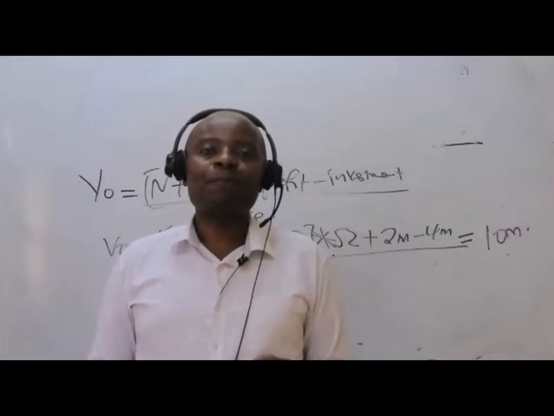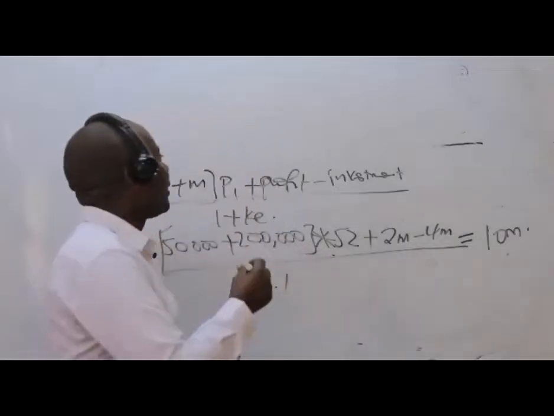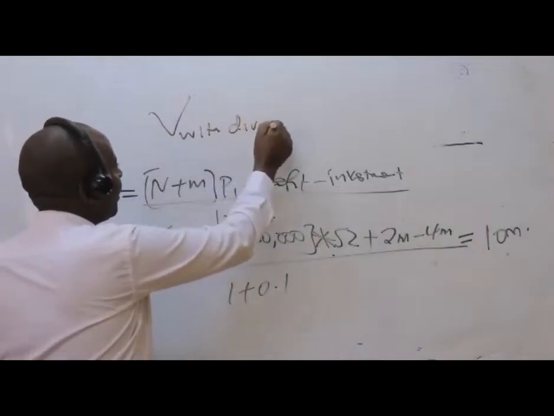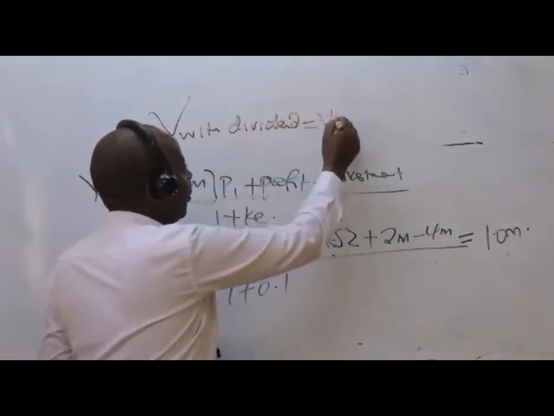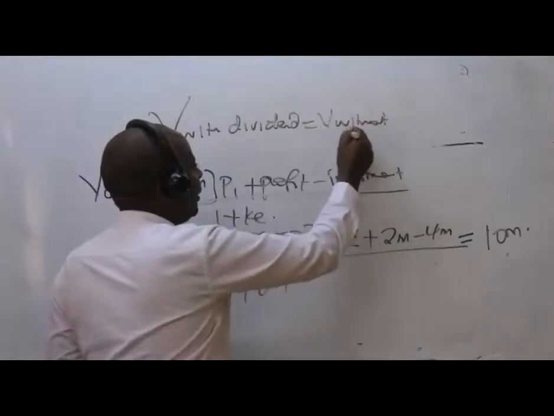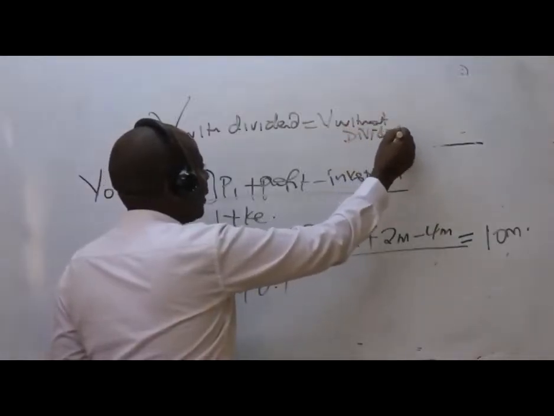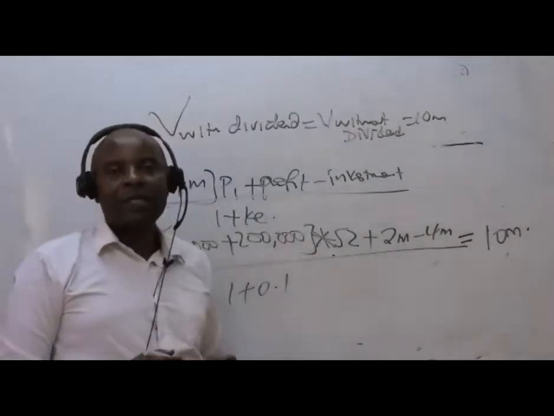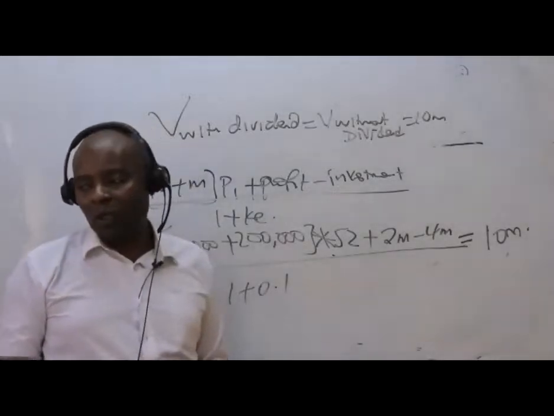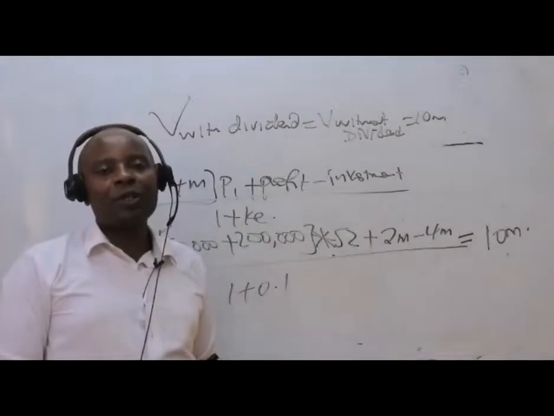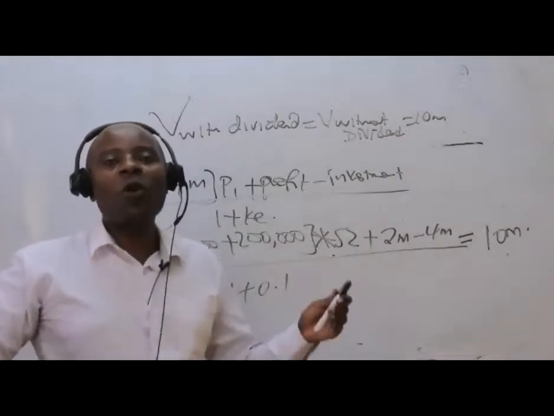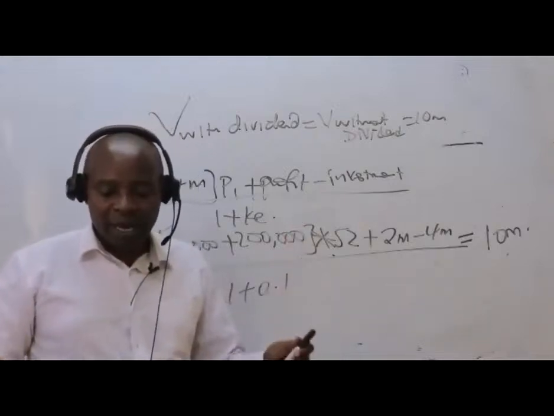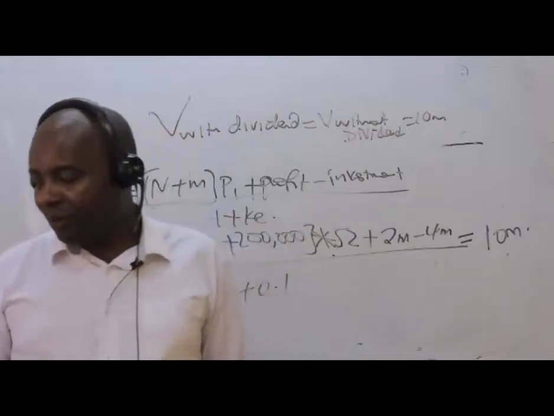Constant. I.e., value with dividend equals value without dividend, which is 10 million. That the dividend policy of the firm, as Lokai tells us there, does not matter.